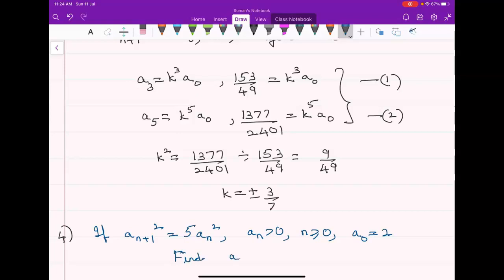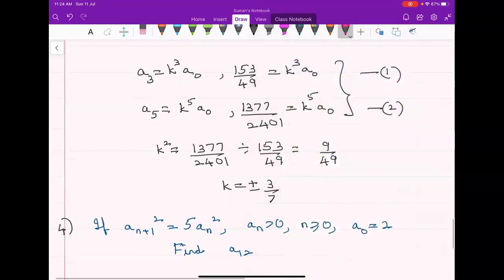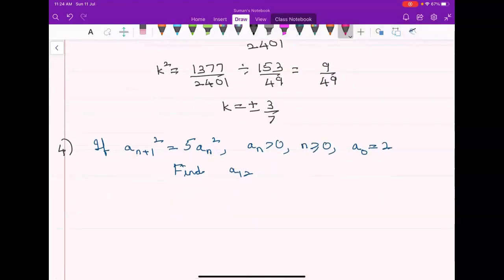So again, as you can see, this is a homogeneous recurrence relation, and we are most comfortable working with a_{n+1}, so we will put c_n as a_n squared. So then we are getting c_{n+1} is 5 times c_n.